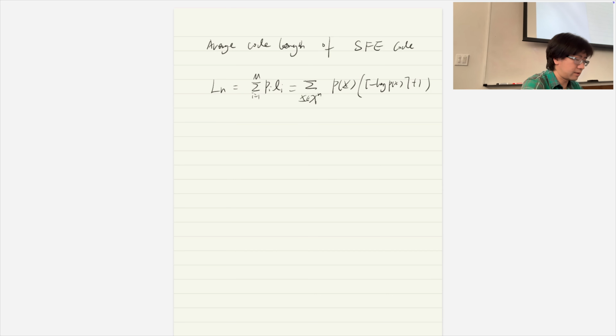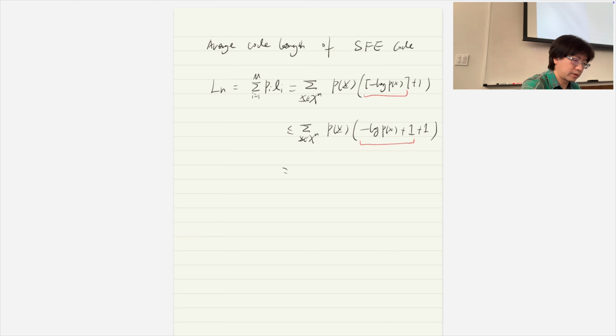This is less than or equal to p(x) times log 1 over p(x), where we get rid of the ceiling, and then we can add 1 and another 1 here.